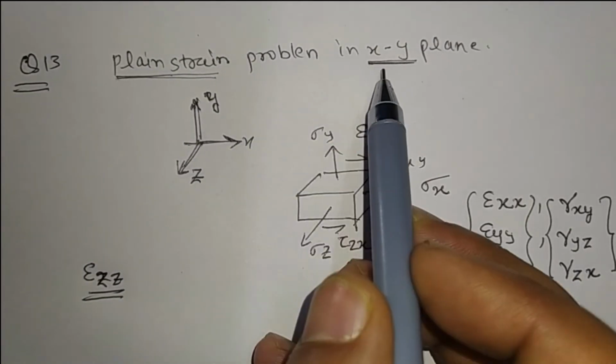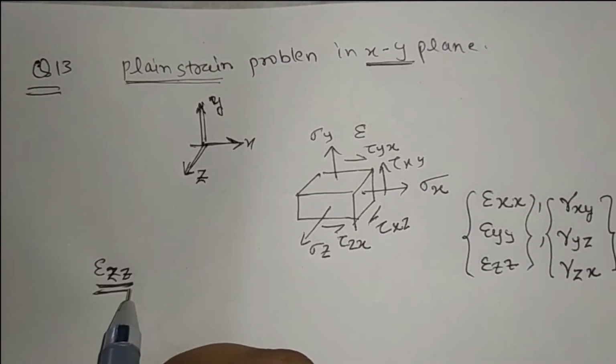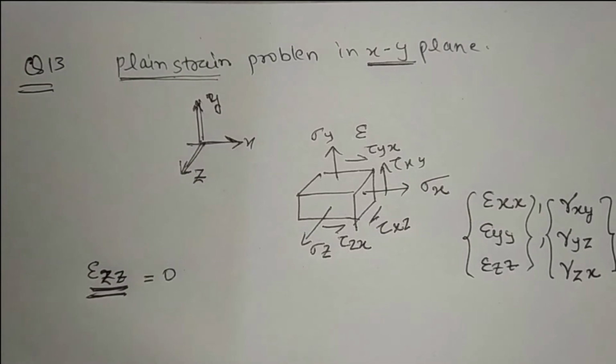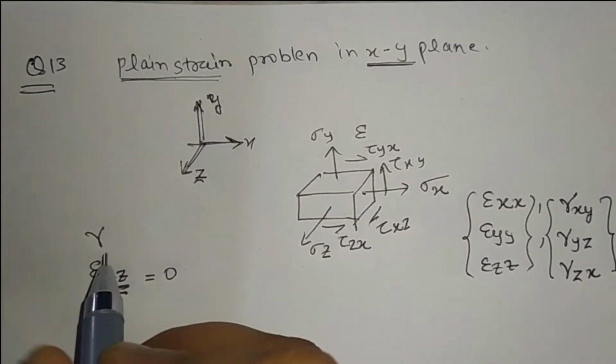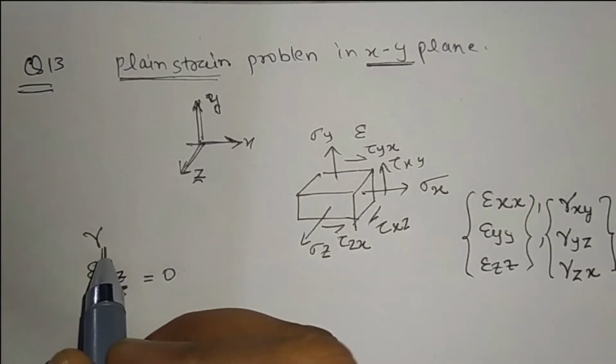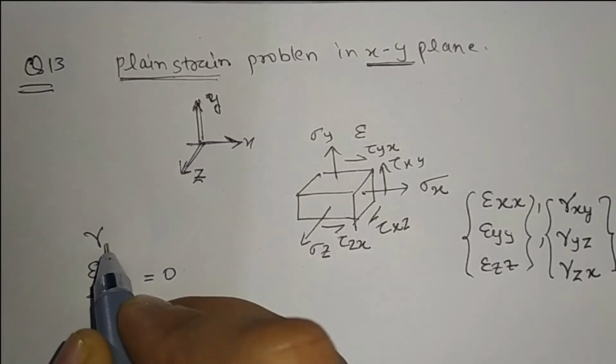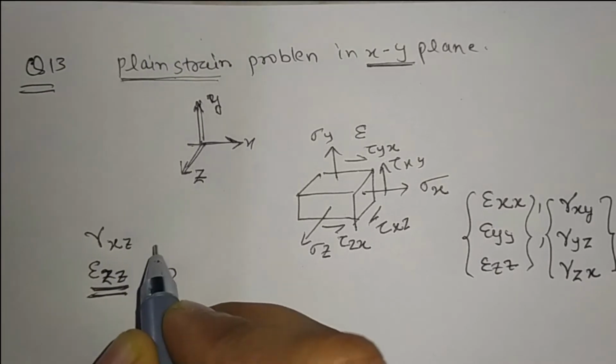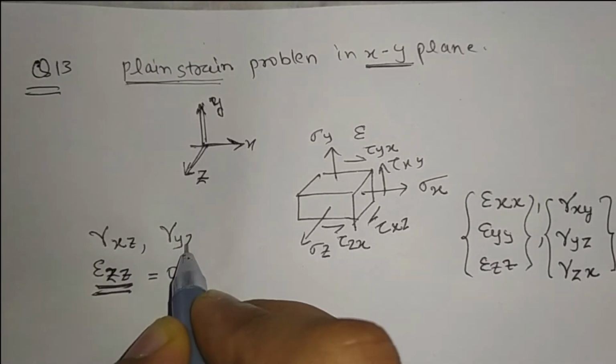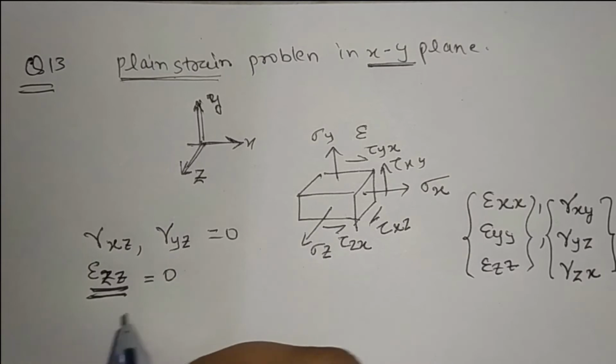Here the xy plane is given, so the strain in the z direction will be equal to 0. And also the shear strain involving the z direction, there is no angular deformation in the z direction. Shear strains xz and yz will all be 0.